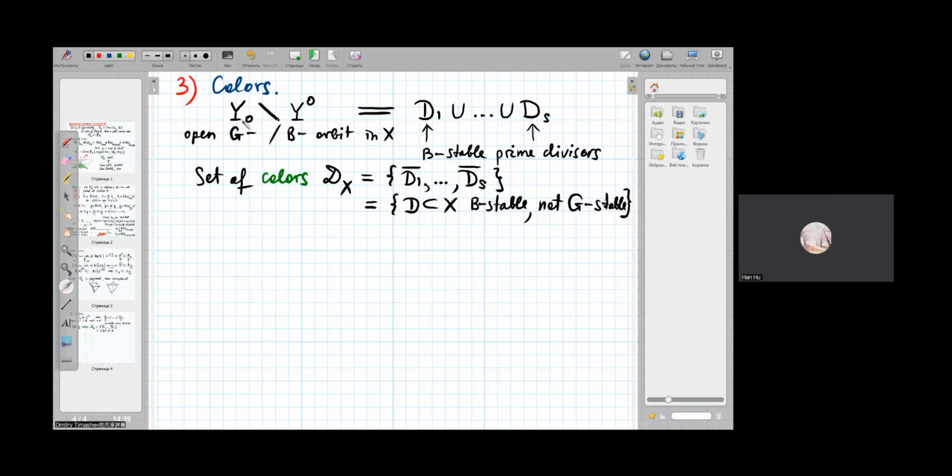But we consider only divisors which intersect the open G orbit, which are the closures of the divisors in the complement of the open B orbit in the open G orbit. So this is the same as written here. So all divisors in X, which are B-stable but not G-stable. This is a finite set.